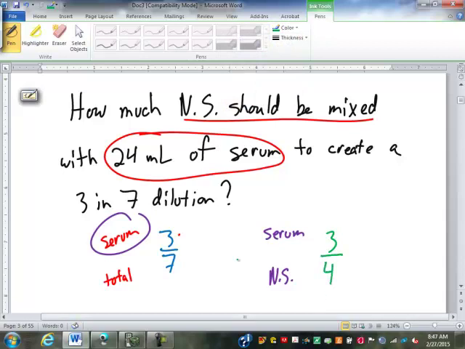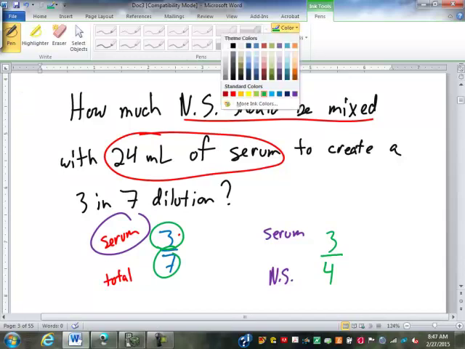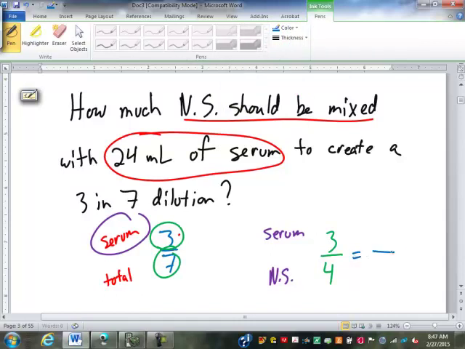There we go, 4. If there's 7 total parts and 3 of those parts are serum, 7 minus 3 leaves 4 parts that have to be saline. And now we can go ahead and put the 24 milliliters of serum up top with 3, and we'll cross multiply and divide. 4 times 24 divided by 3 is 32 milliliters of saline.